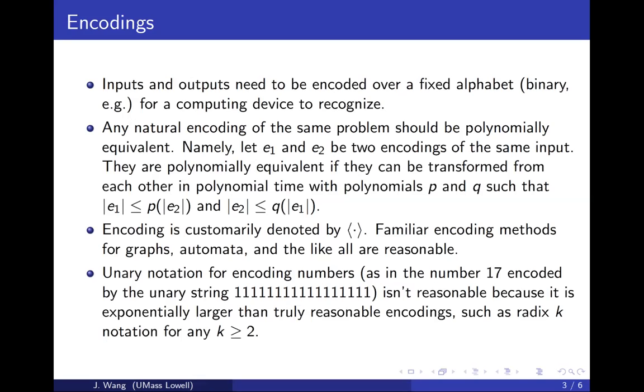They are polynomially equivalent if they can be transformed from each other in polynomial time with polynomials P and Q, such that the size of E1 is bounded above by P of the size of E2, and the size of E2 is bounded above by Q of the size of E1. Okay, so within polynomial time bound, they are equivalent. So this is true, right?